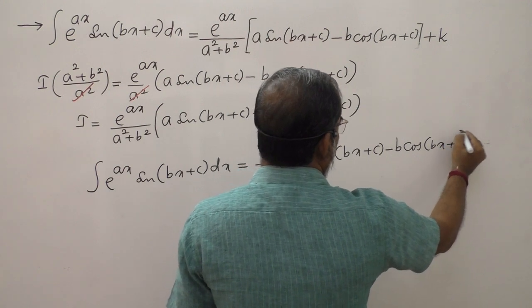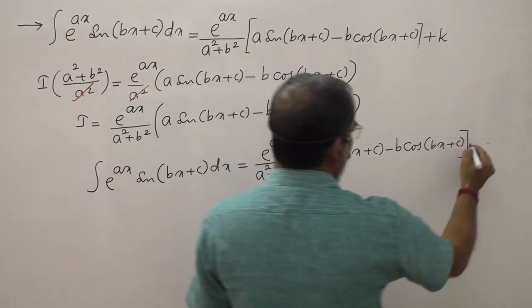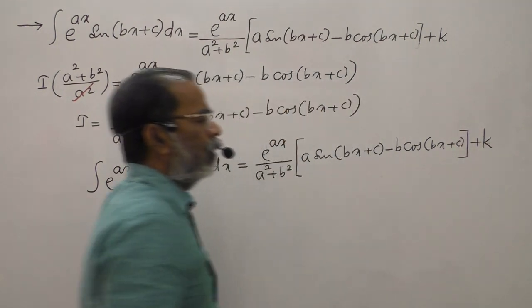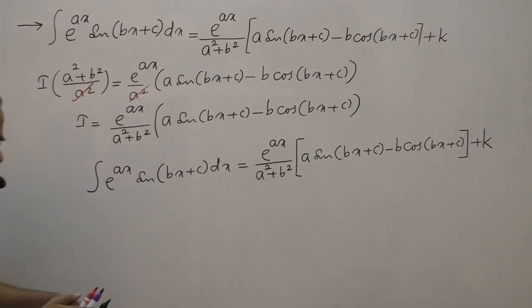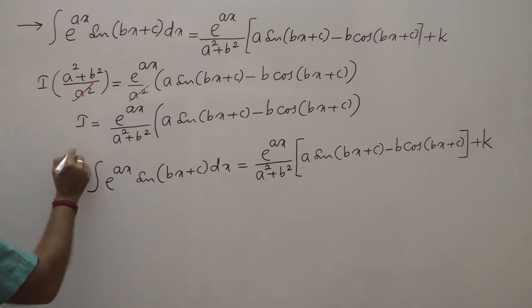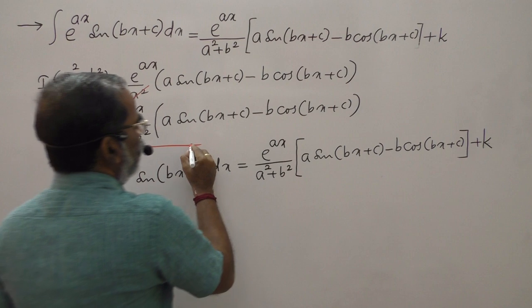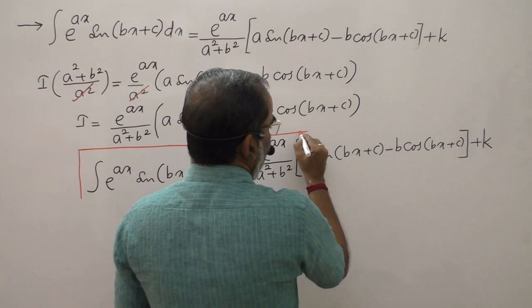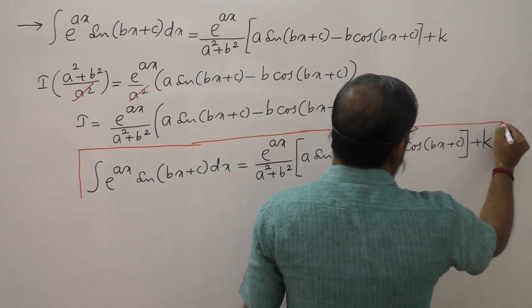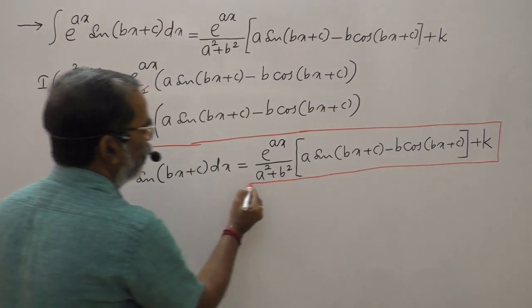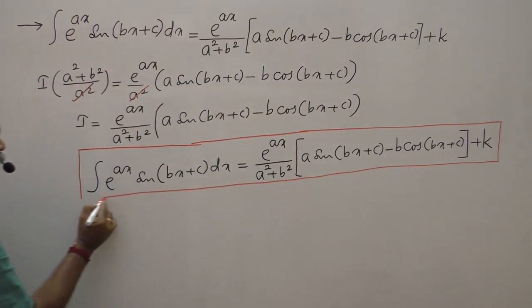So integration has been done, there will be a constant, no? Since c is there in the question, I will take another constant k. So this can be taken as another formula which should be added to the list.